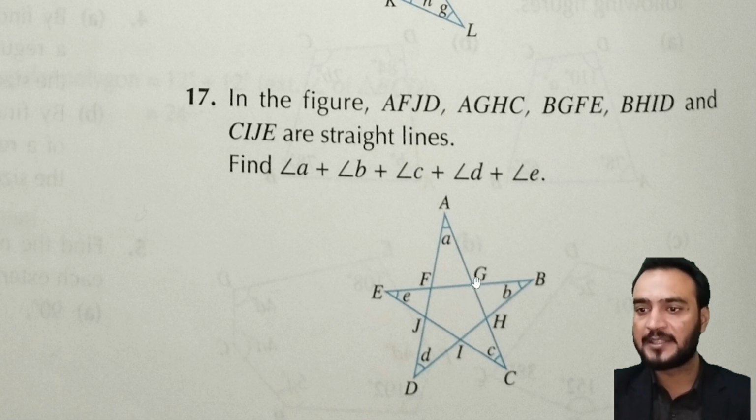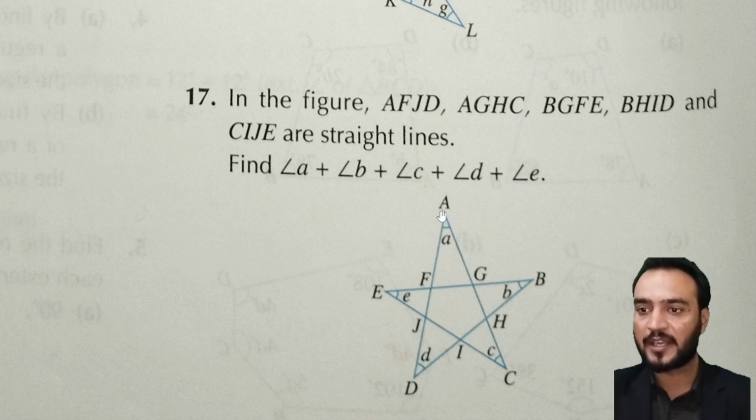Similarly, angle BGH is the exterior angle of this pentagon. So in every triangle we have two exterior angles to this pentagon. In this star there are five triangles.